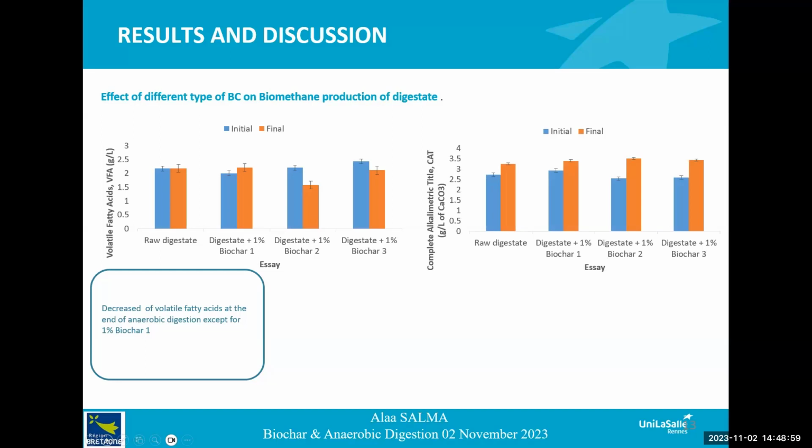We need to repeat this experiment because normally biochar decreases the concentration of volatile fatty acid in the process. And this could happen through several mechanisms, such as the absorption of these volatile fatty acids that reduces their concentration in the media.